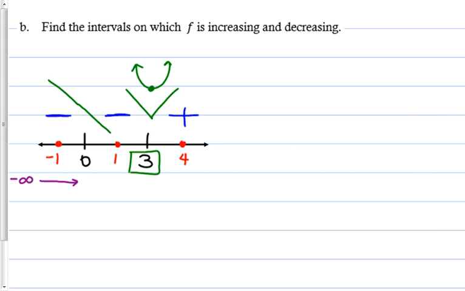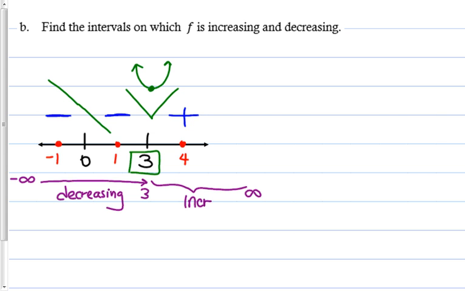But then from 0 to 3, it's also decreasing. So it would just be a lot easier to say that from negative infinity all the way to 3, this function is decreasing. And then beyond 3, this function is actually increasing. So from 3 onward to positive infinity, this function is increasing.